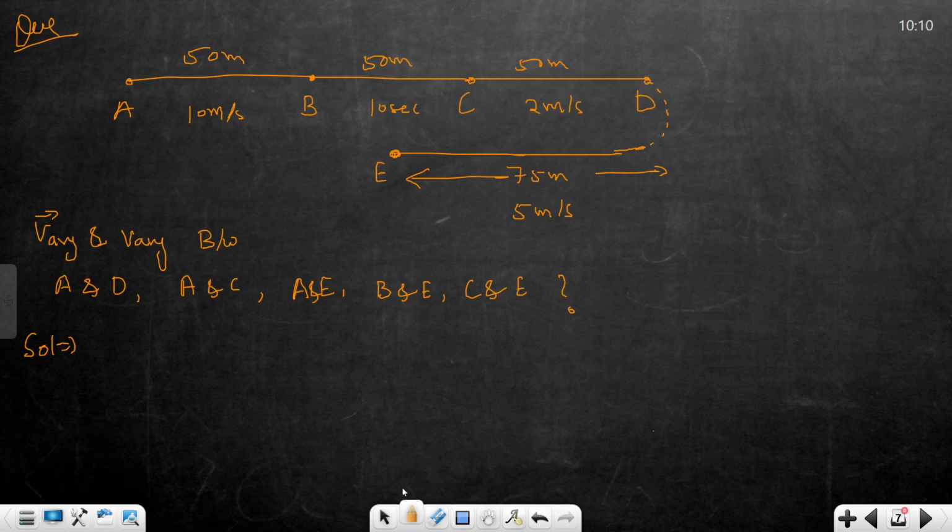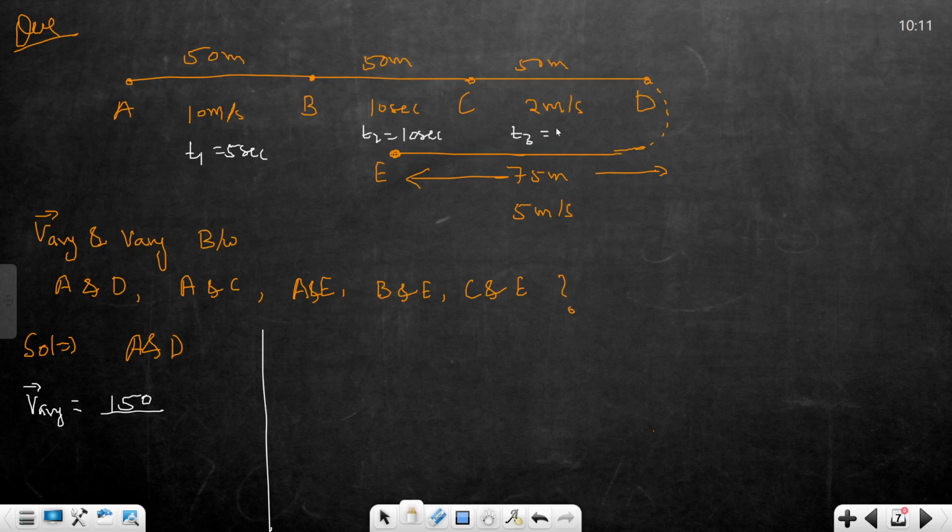So between A and D, first we will calculate between A and D. So it will be simple. Average velocity between A and D will be 150, and time will be, T1 is 5 seconds, T2 is 10 seconds, T3 is 25 seconds, and what about T4?